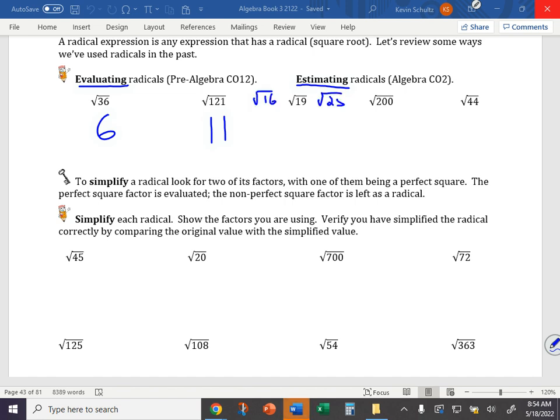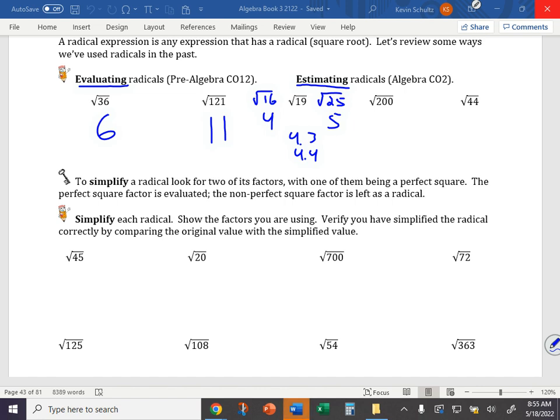What we talked about was using those perfect squares on either side of it. And the fact that 19 is about halfway between 16 and 25, a little bit closer to 16. Knowing that the root of 16 is 4 and root 25 is 5, we can estimate this to be about, in class, we would say 4.3, 4.4, something like that. 4.5 is a fine estimation too. It's not exact, it's approximate.